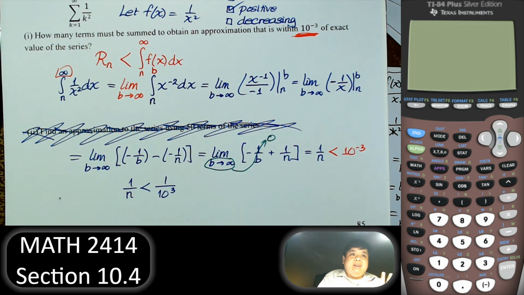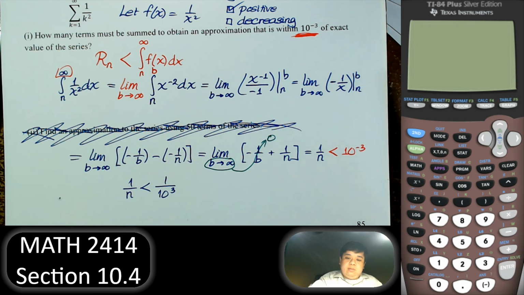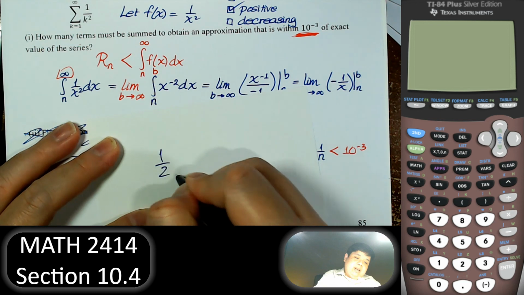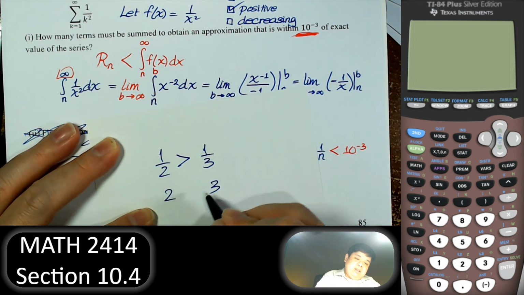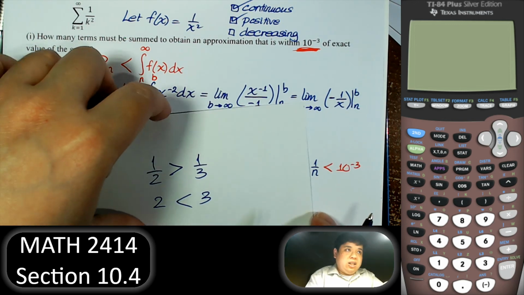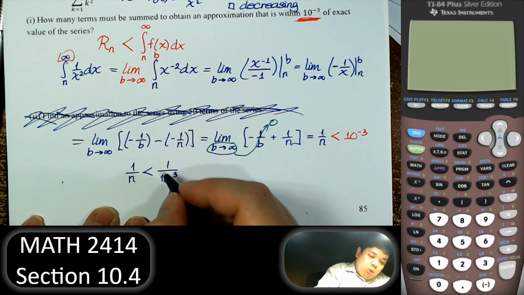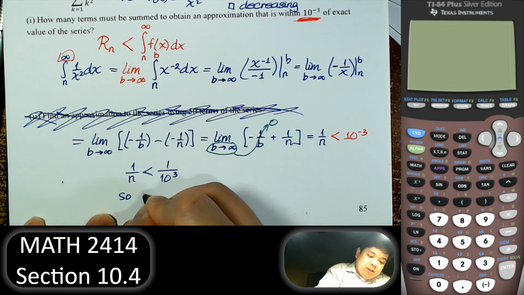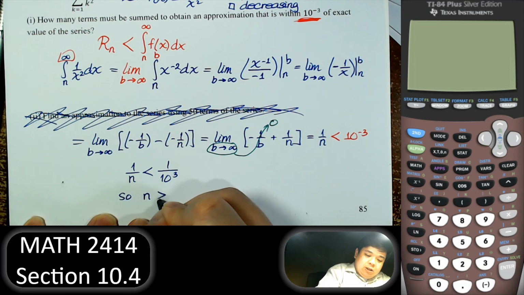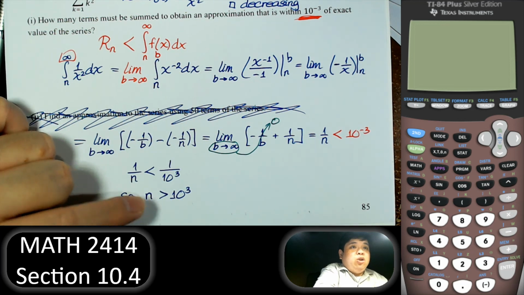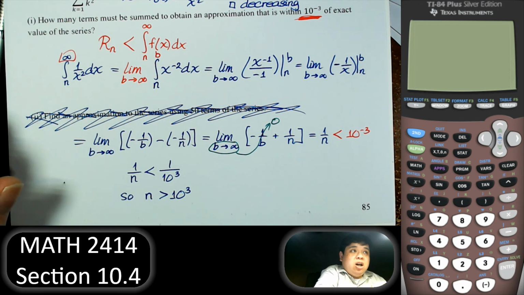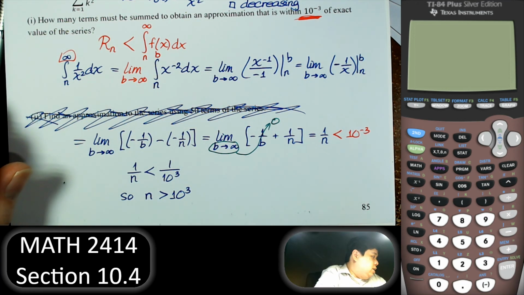For example, 1/2 is greater than 1/3, but when we flip, we reverse the inequality. So that means we have to have more than 1,000 terms for this to work.